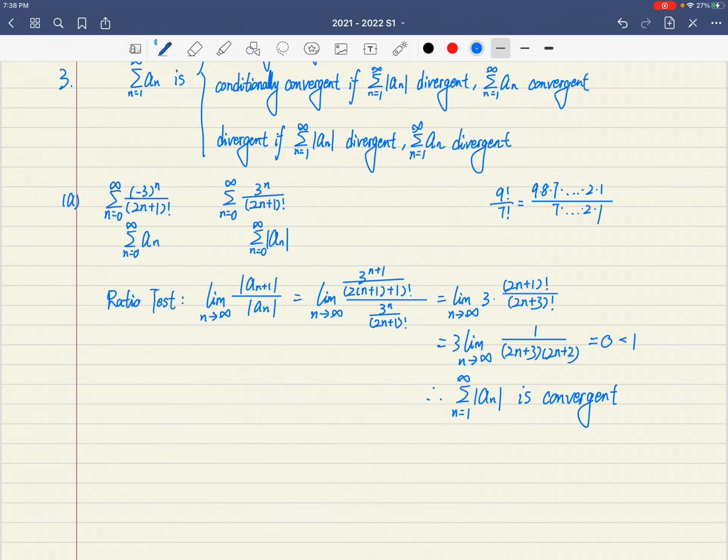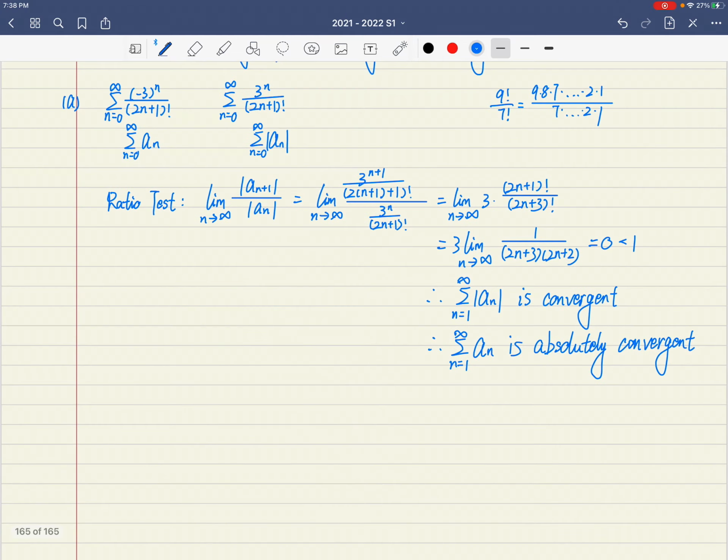So the absolute series is convergent. Then the original series is absolutely convergent.